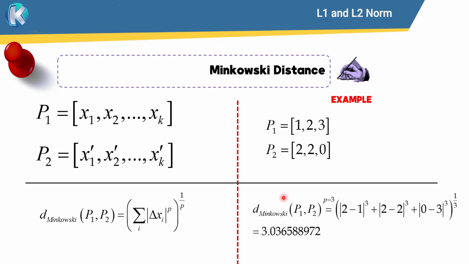In this example, if you want to calculate the Minkowski distance when p is equal to 3, it is equal to the absolute value of 2 minus 1 to the power 3, plus the absolute value of 2 minus 2 to the power 3, plus the absolute value of 0 minus 3 to the power 3, and the whole term to the power of 1 divided by 3, which is approximately equal to this one.